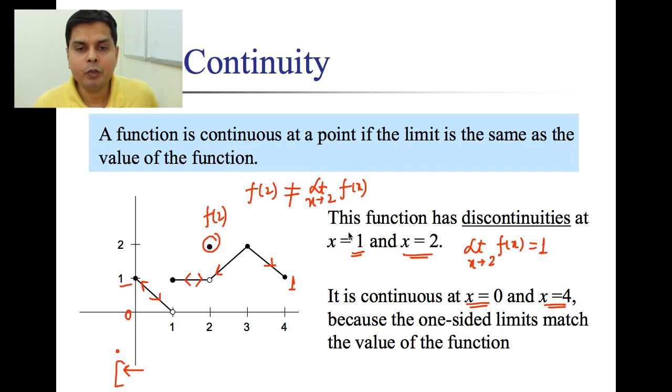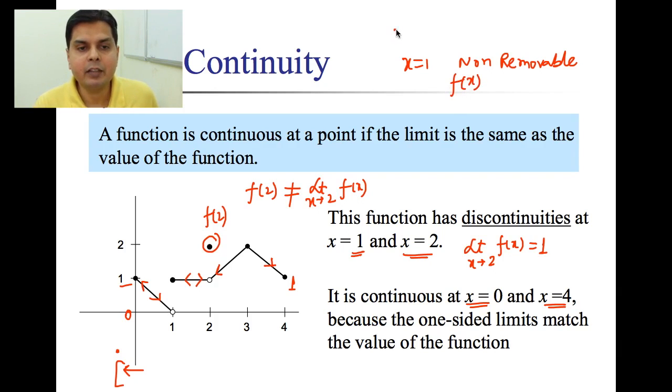Whether the discontinuity at x equal to 1 is removable or non-removable, it is a non-removable discontinuity. Why? Because at x equal to 1 the limit itself does not exist. So if the limit of the function does not exist, no matter how you define f(x), you cannot remove this discontinuity.